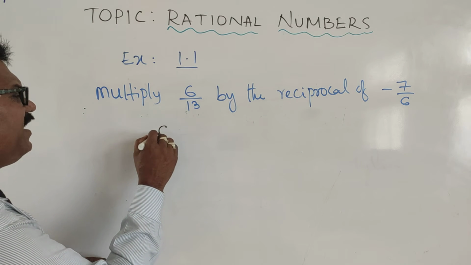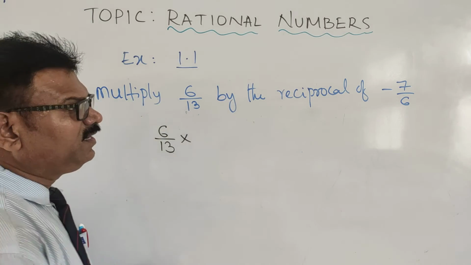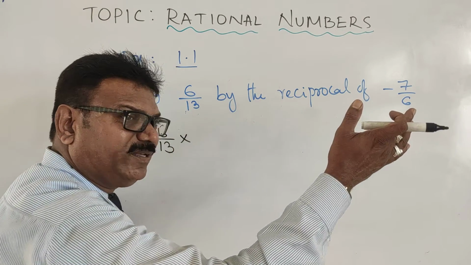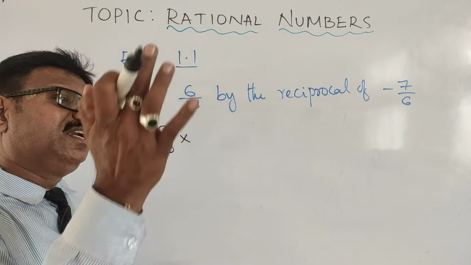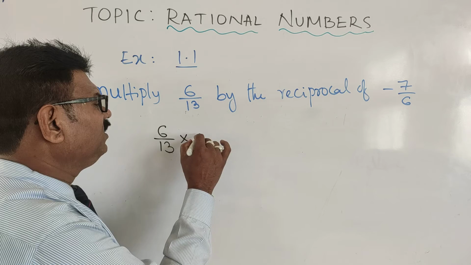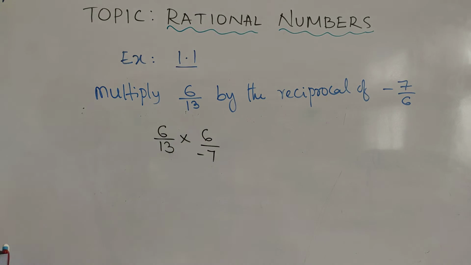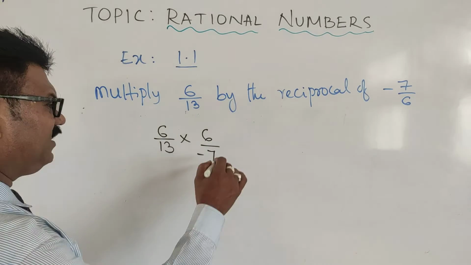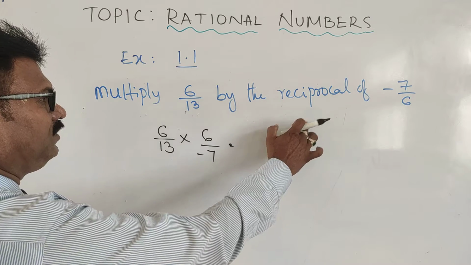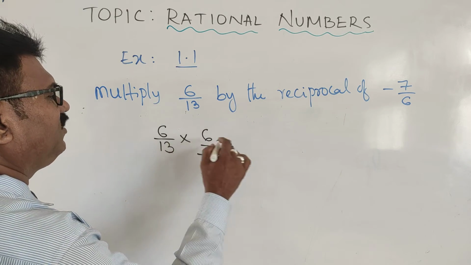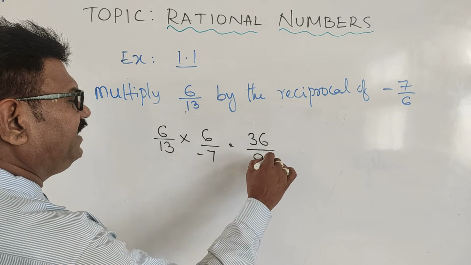Multiply what? 6 by 13 by the reciprocal of this. Reciprocal means, as I told, the numerator will change to the denominator and the denominator will change to the numerator. Very good, 6 by minus 7. That much only. Therefore, what will you get? 6 into 6 is 36, divided by 91.